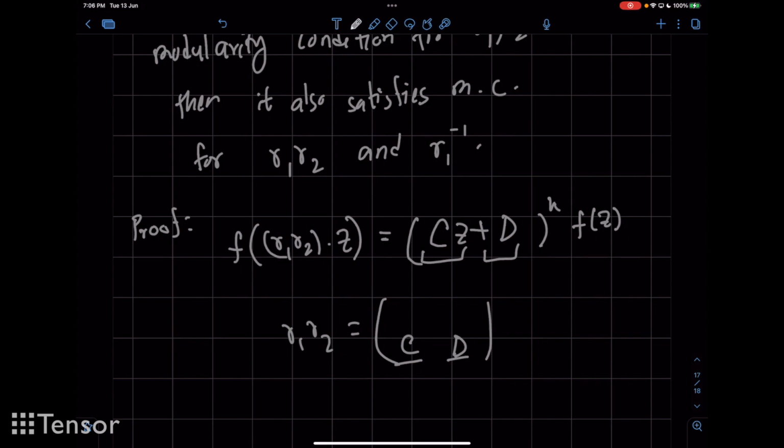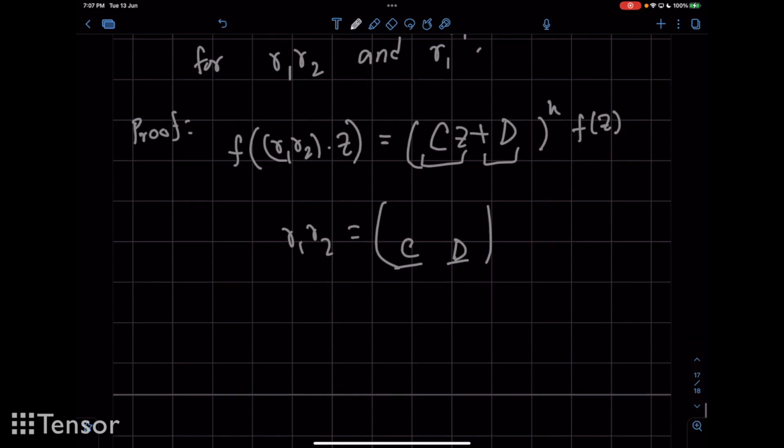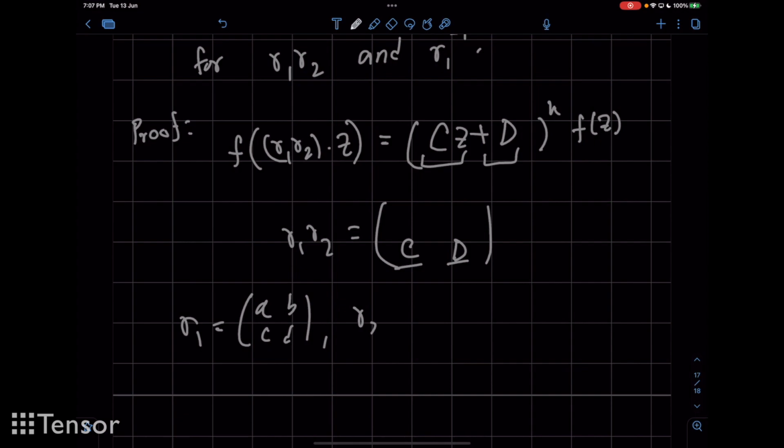We already have the modularity condition for gamma 1 and gamma 2. Let's say gamma 1 is A1, B1, C1, D1, and gamma 2 is A2, B2, C2, D2.